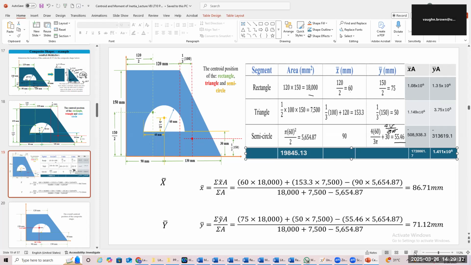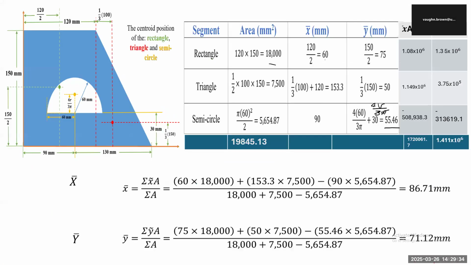Let me go full screen. So what I would have done for the first one, I would just say the sum of x bar is going to be equal to the sum of x a upon the sum of the area, which would be really 1.7 times 10 to the 6.